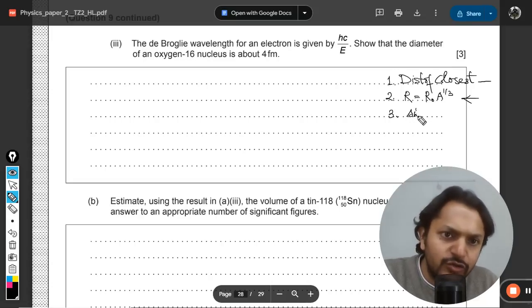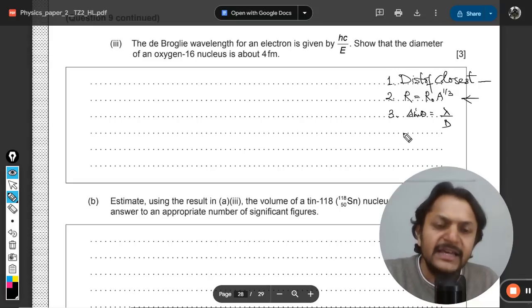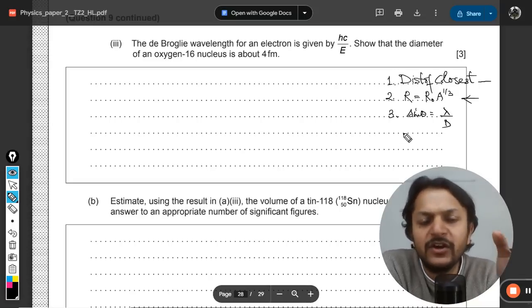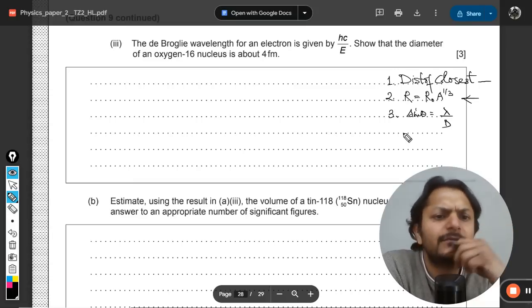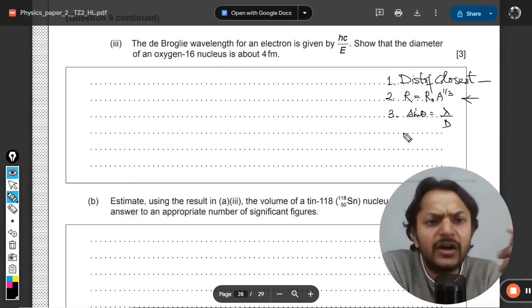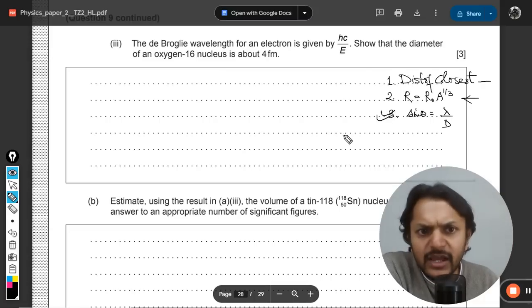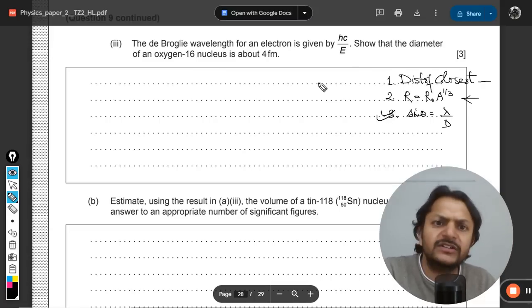The formula used is sine theta is equal to lambda divided by d, where d is the diameter of the nucleus, and we will apply this formula here to find the diameter of the nucleus.